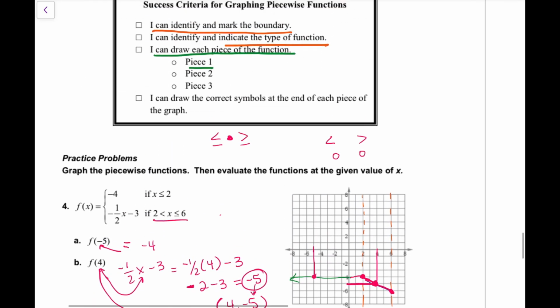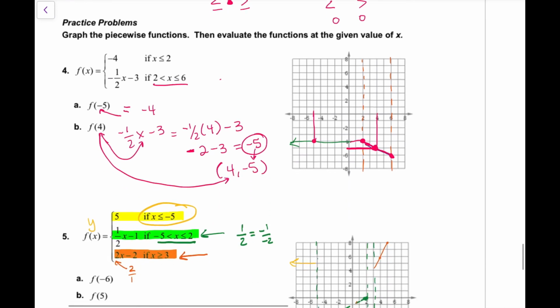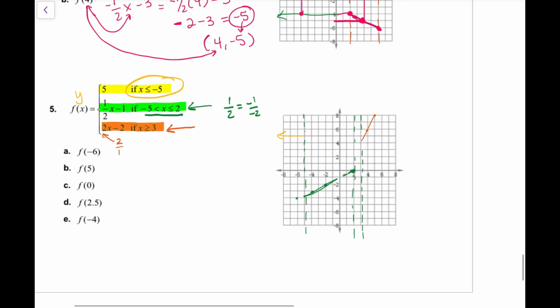Okay, so then our last piece is we want to draw the correct symbols at the end of each piece of our graph. So I have a less than or equal to sign here. So I'm going to put a solid dot on that yellow piece. On the green line, let me make that a little better because I had to erase over it.